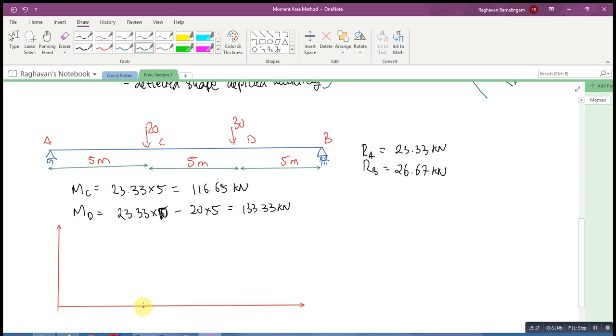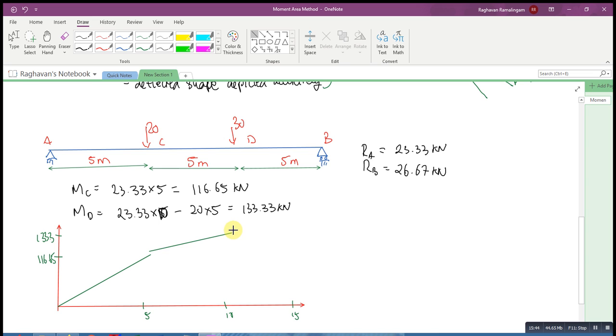At 5, 10, and 15, I have values 116.65 and 133.3. So let me just connect up the points. So 116.65, okay, somewhere over here, I guess.